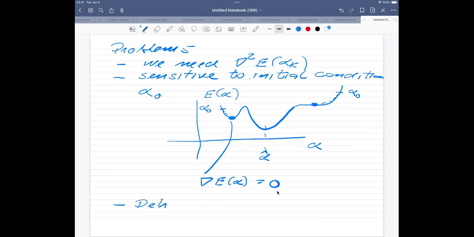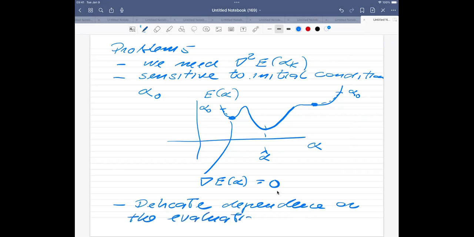So we can call this a delicate dependence on the evaluation of the gradient. Let's see how that comes through.